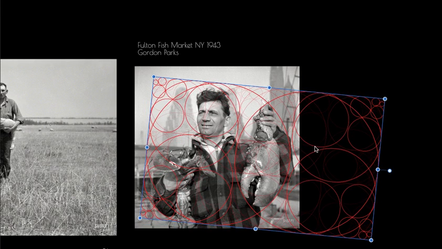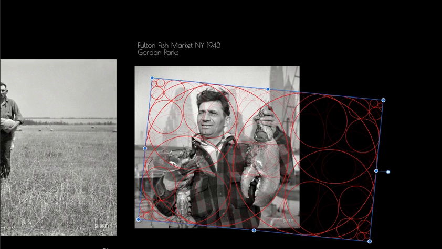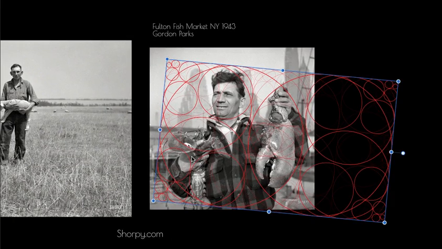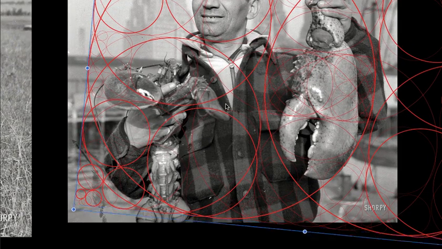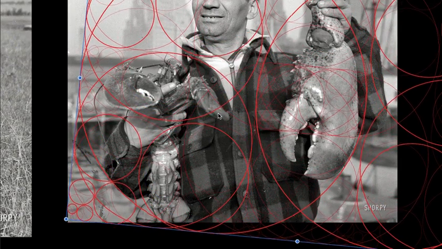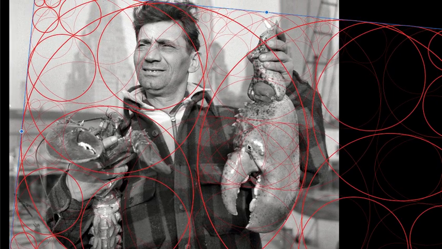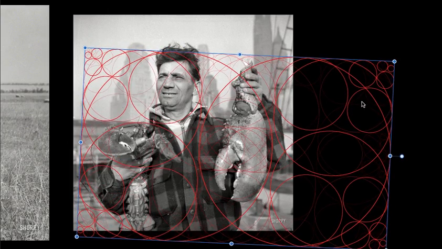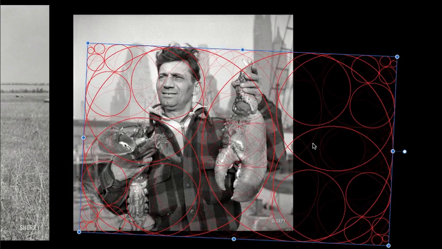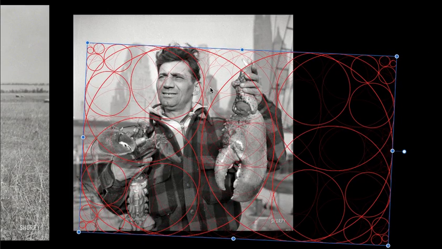So we've got two things happening here. We've got this lobster, his face, and then this lobster inside that circle. Pretty close. Pretty close. So maybe tweak that a little bit. That fits almost great.